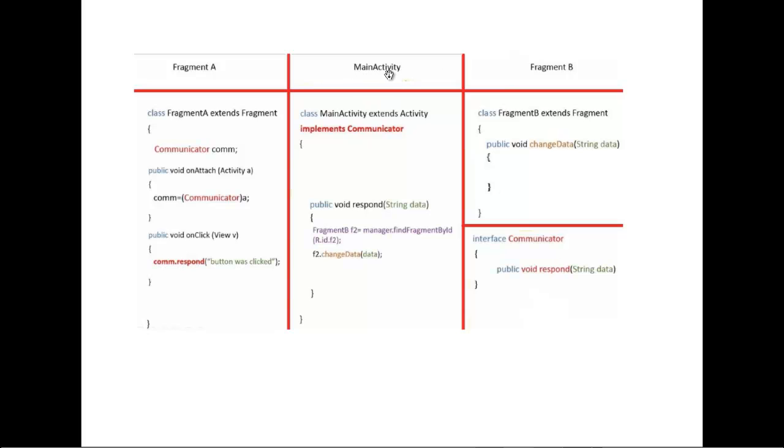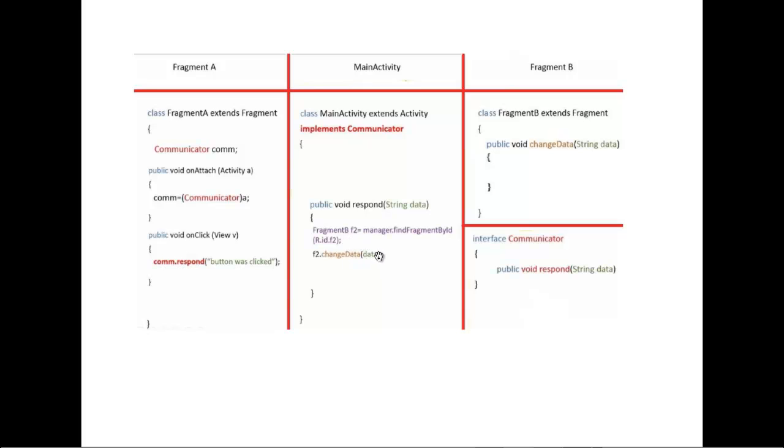So in the main activity we write the extra coding: it implements this communicator interface, and I write the coding for this respond function. In the respond function, whatever data it receives, I pass this data to the fragment B method.